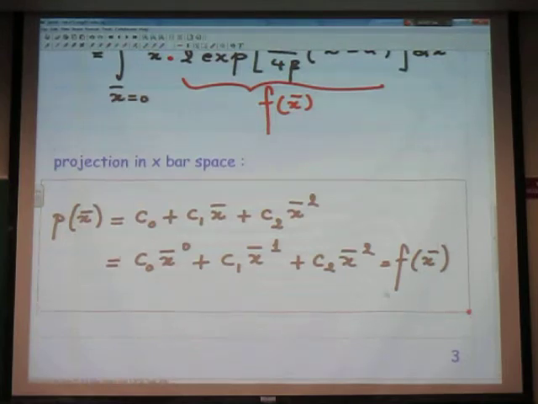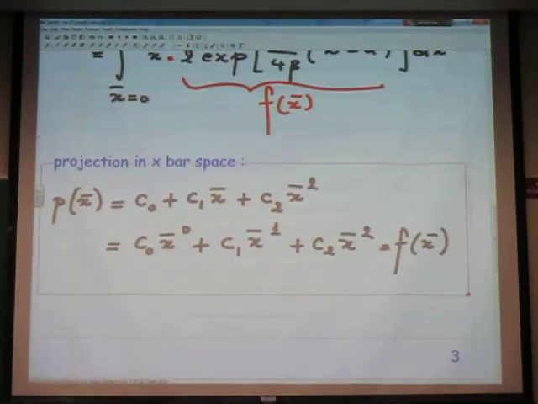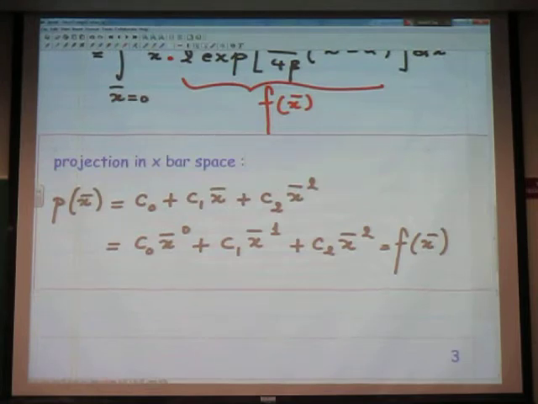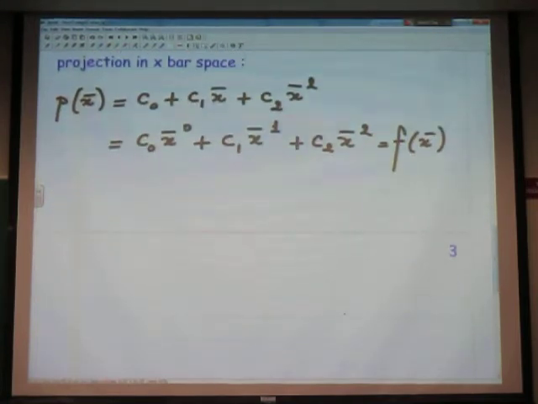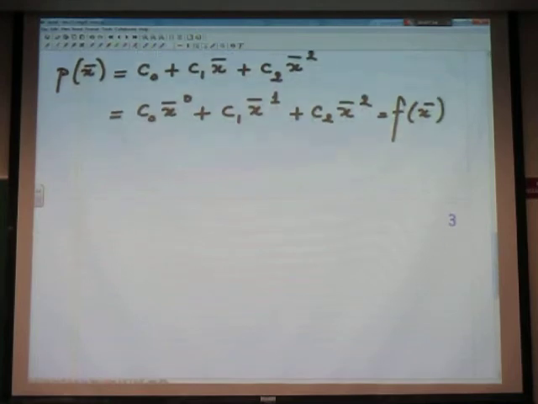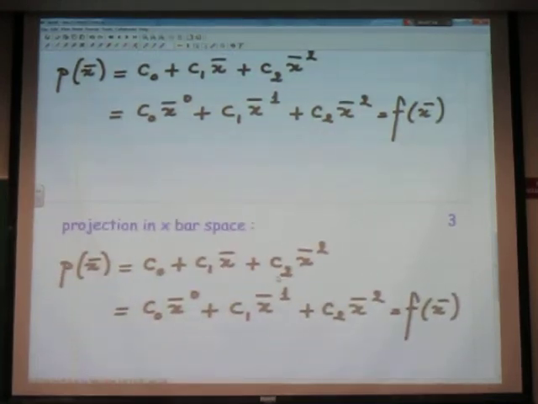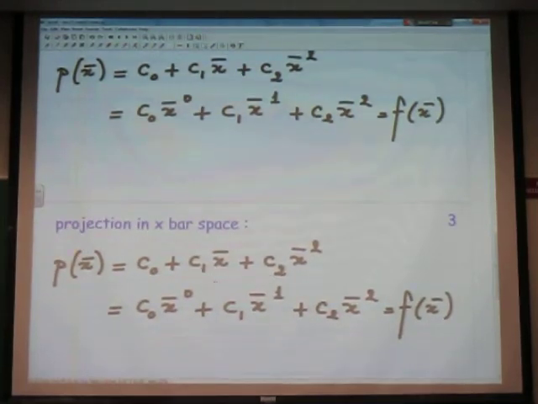I just repeat the same equation. Now, down here, projection in x space, then you would remove all the bars.